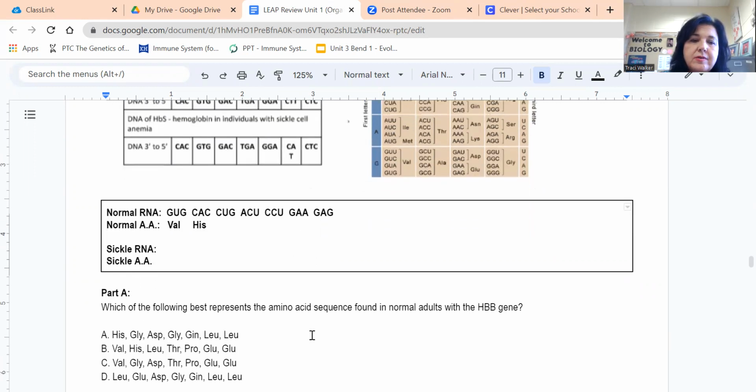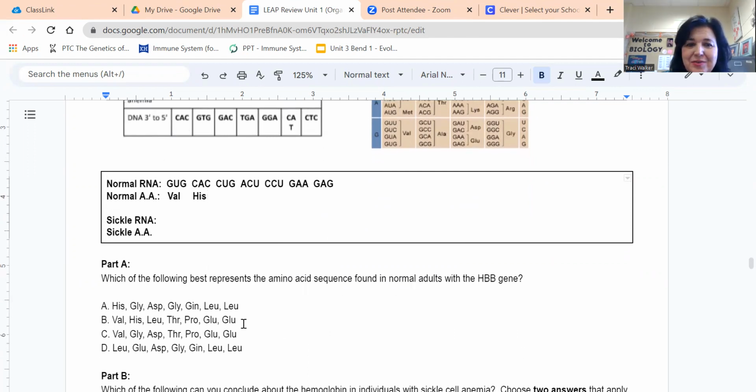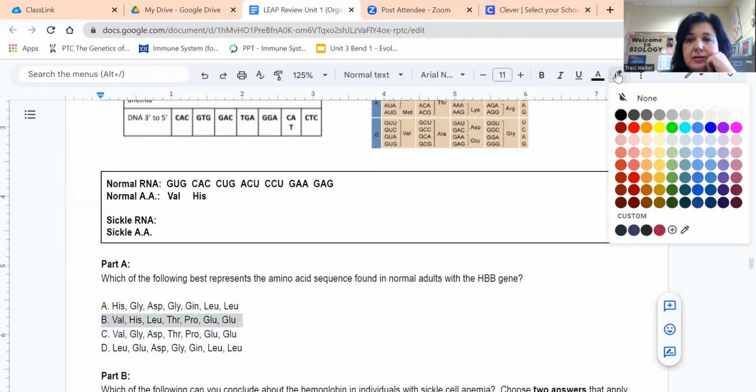And now I have my answer. I don't have to go through all of these because now with my second amino acid, I know that the correct response is B. So I can go ahead and make that my answer. I'm going to highlight it yellow.